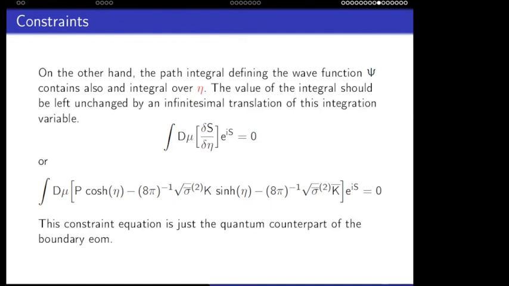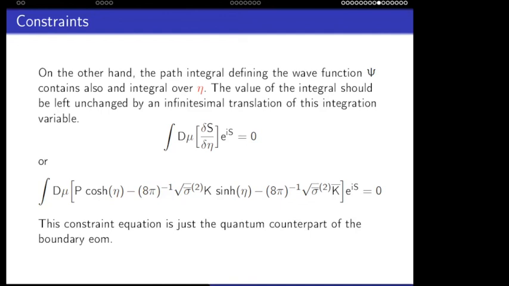No. I think I said that. Classically, without this integral, this is the equation. And classically, this is an identity when you evaluate this relation on a particular solution of the Einstein equation. However, at the quantum level, there is no classical solution.